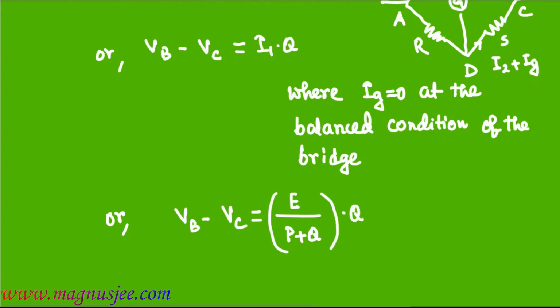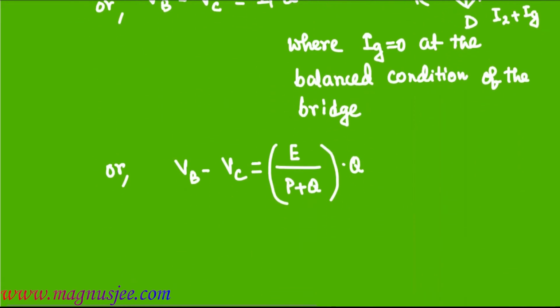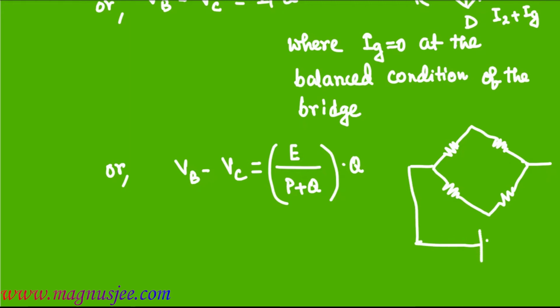So this is the potential difference between the two ends of the resistance Q. So if we draw the diagram again, as Ig is 0, galvanometer has no function, galvanometer can be removed, and a battery of EMF E is connected to the quadrilateral.